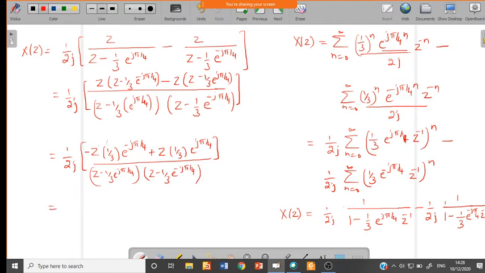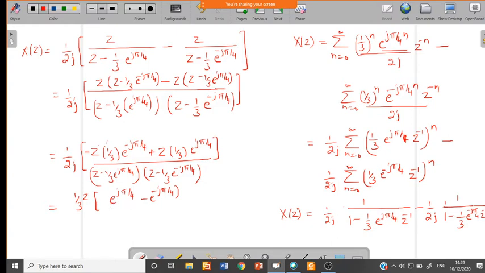Okay, so now we can take 1 by 3 z common, and write this as e^(jπ/4) minus e^(-jπ/4).